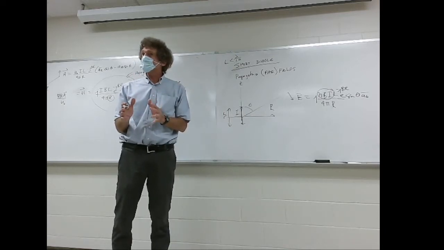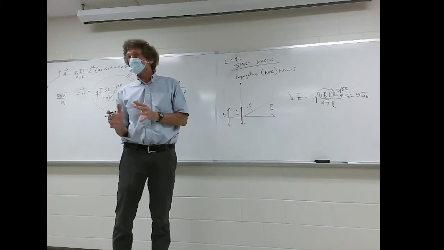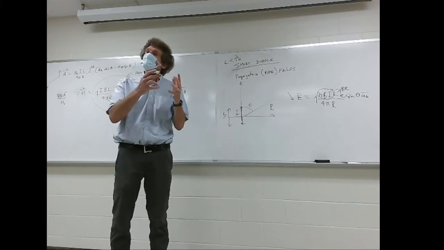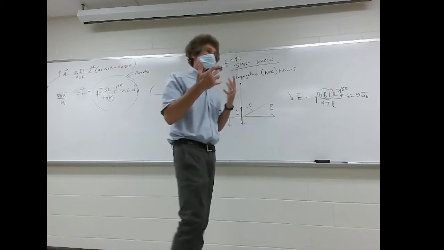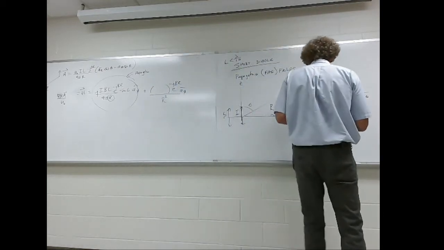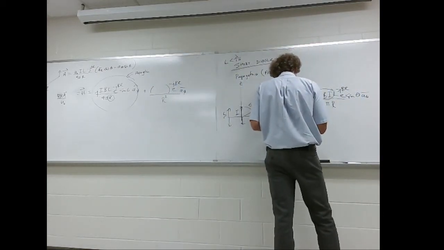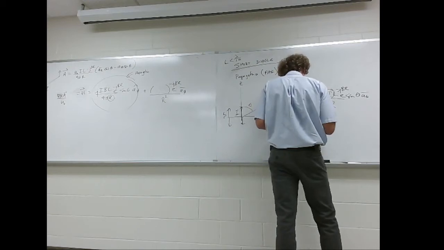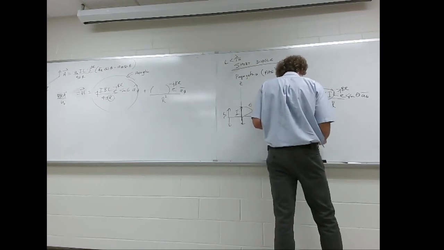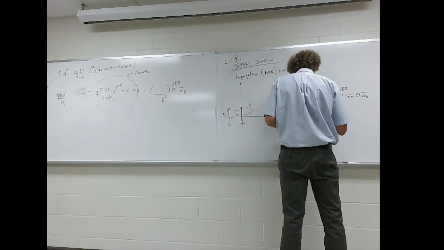So get an intuitive appreciation for this. And here's the nice thing. If you have the E field in the far field, this is a propagating electromagnetic field, the H field can be gotten in magnitude by simply taking the E field in the theta direction and dividing it by eta.